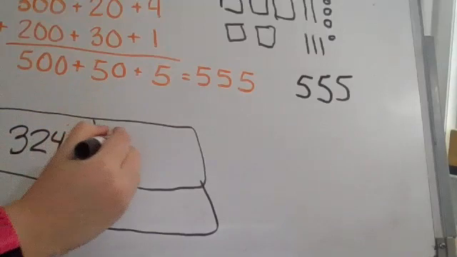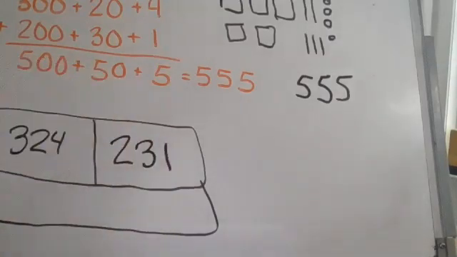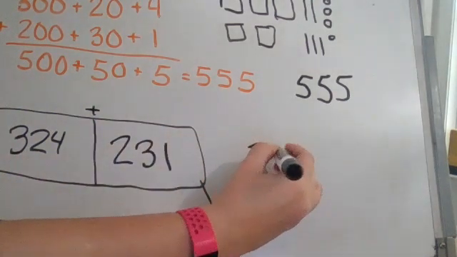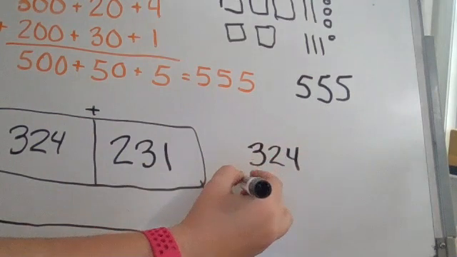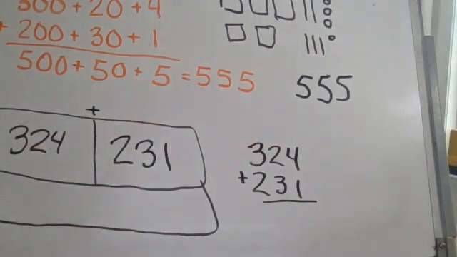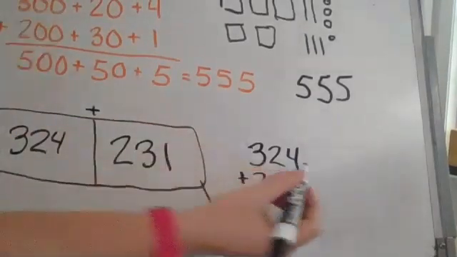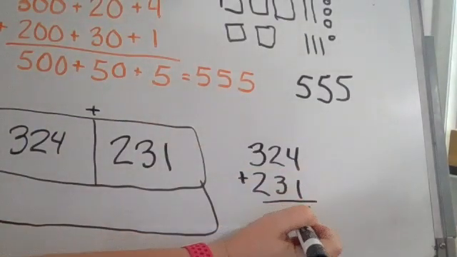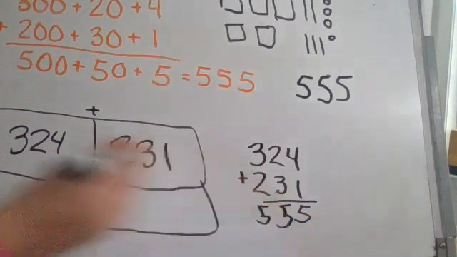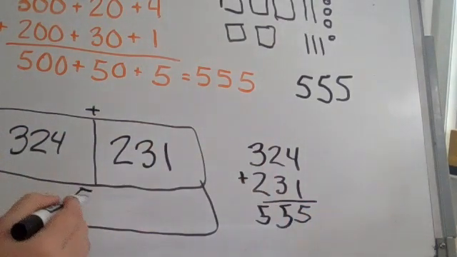My other part is 231. And I'm going to be adding these two together, okay? So then I just add 324 plus 231. Okay, I'm going to add in the ones. 4 plus 1 is 5. 2 plus 3 is 5. And 3 plus 2 is 5. So again, altogether, I had 555.